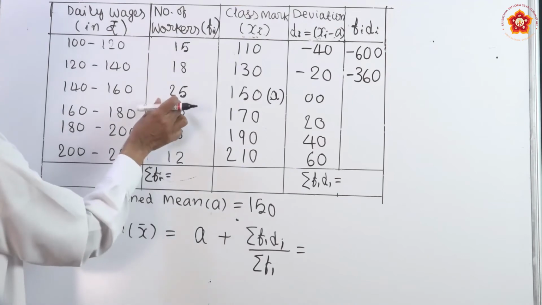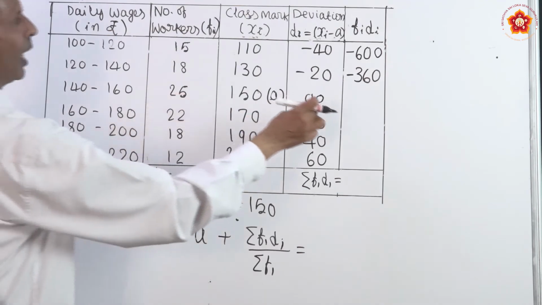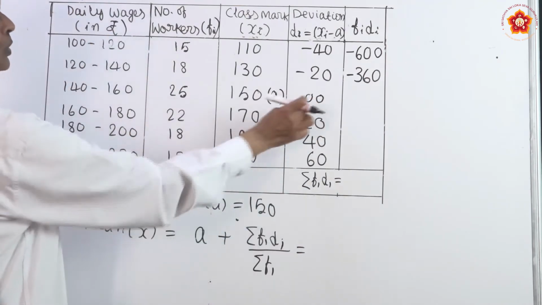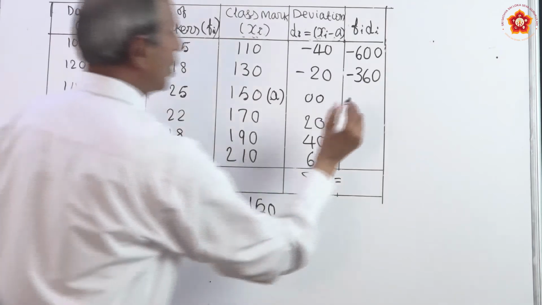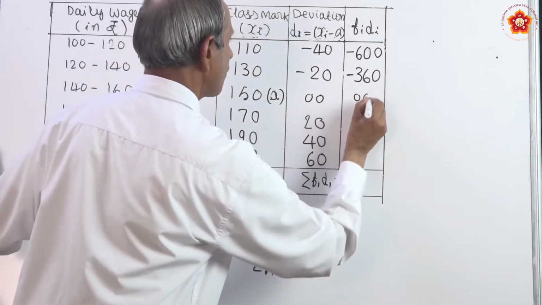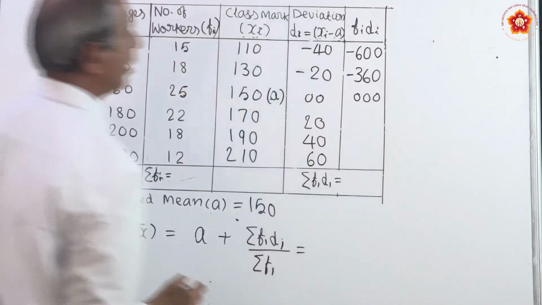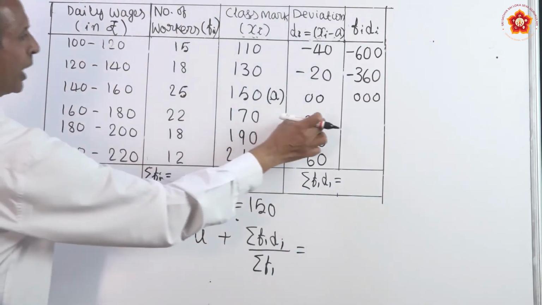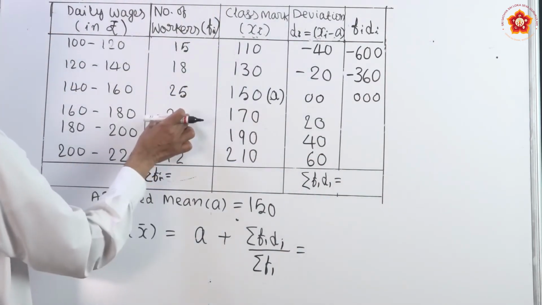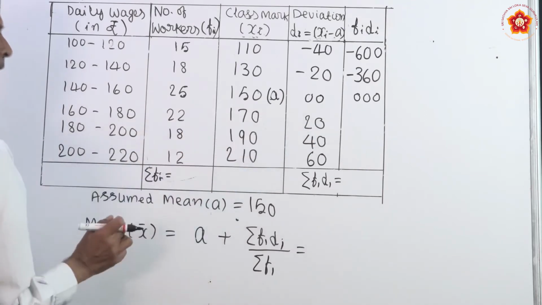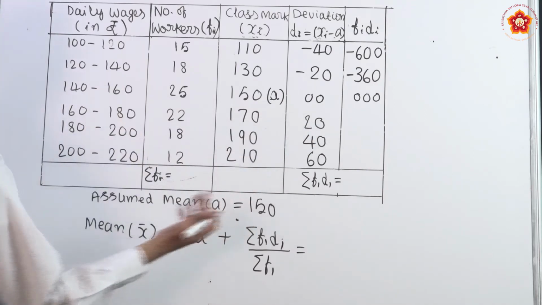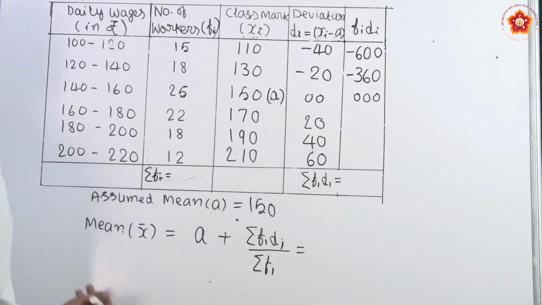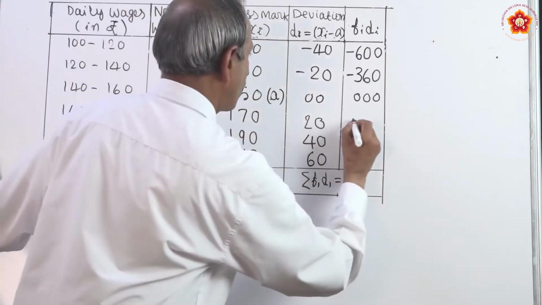Now here frequency is 25 and deviation is 0, 25 into 0, you will get 0 only, write zero here. Next, here 20 is the deviation and 22 is the frequency, 22 into 20, 22 twos are 44, you will write 440.